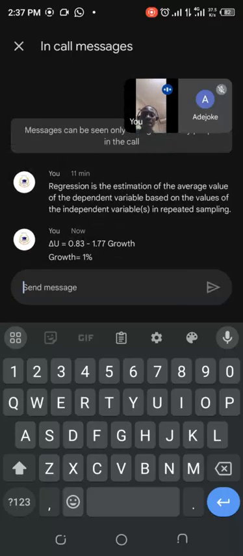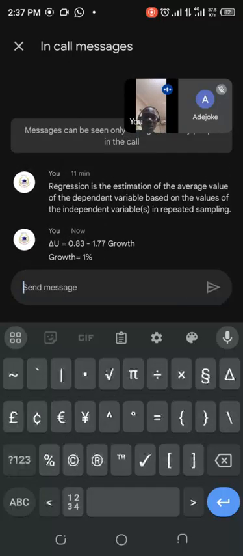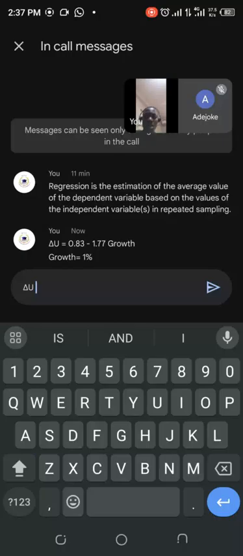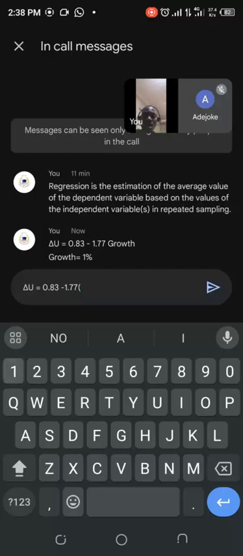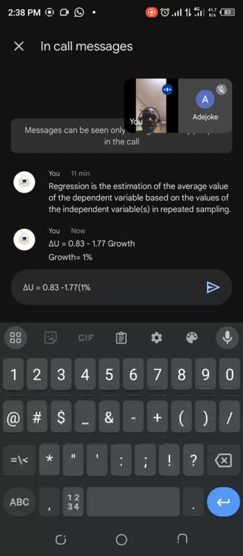In this case, change in U will be equal to 0.83 minus 1.77 into bracket 1%.